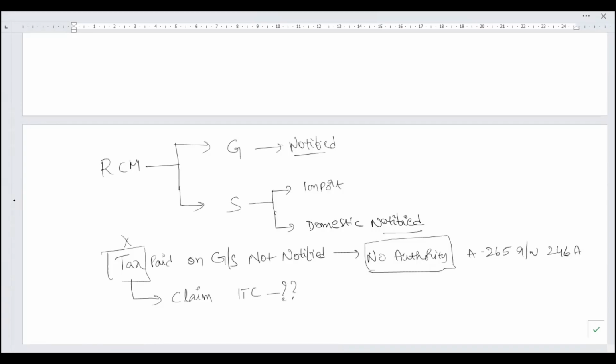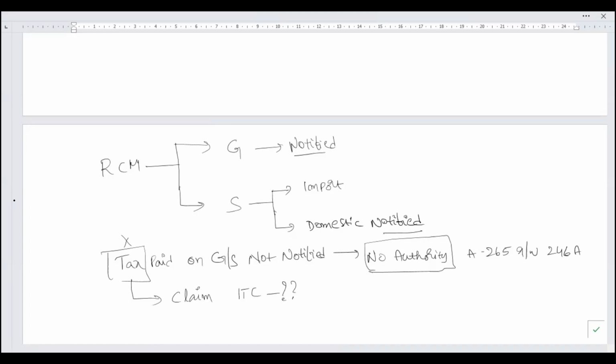Sir, I didn't know that I should not pay, but I have paid by mistake. A classic example, say director's salary. Under GST law, for services received from a director, I have to pay tax under reverse charge. But direct salary paid to a director is not a service. Schedule 3, neither supply of goods nor supply of services.